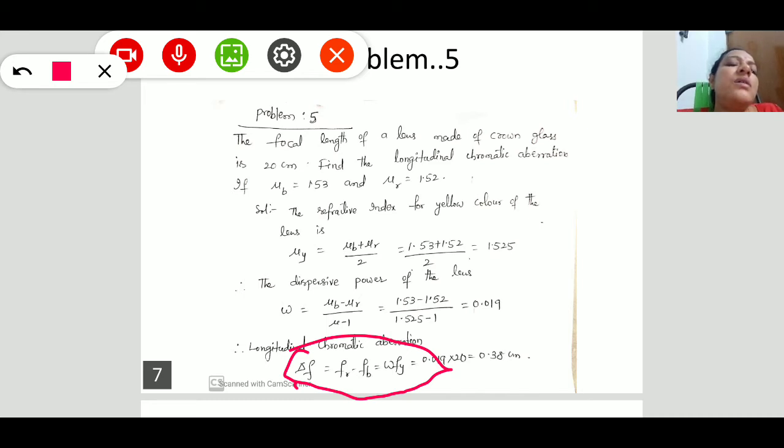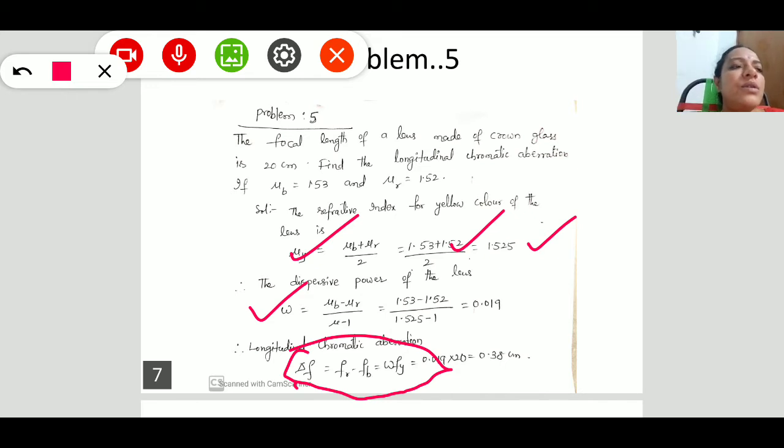First calculate the average refractive index of blue color and red color, that is mu is equal to mu b plus mu r by 2. 1.53 plus 1.52 by 2 is 1.525. Next calculate the dispersive power of the lens.